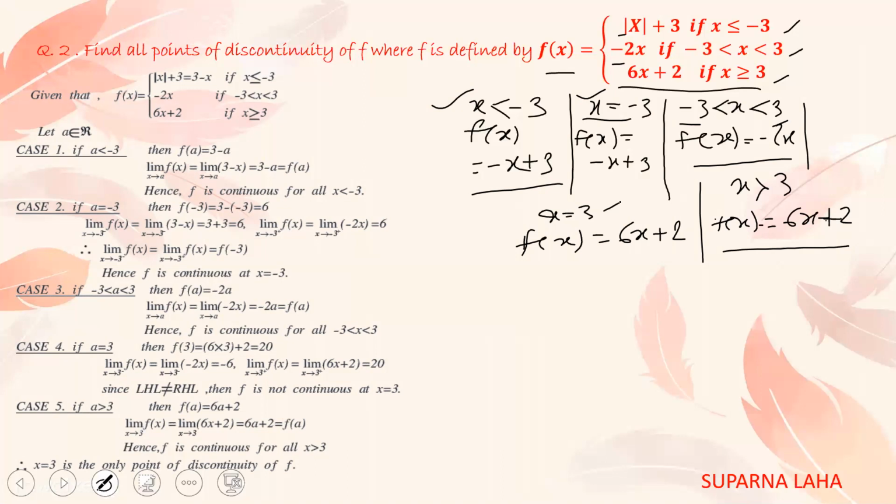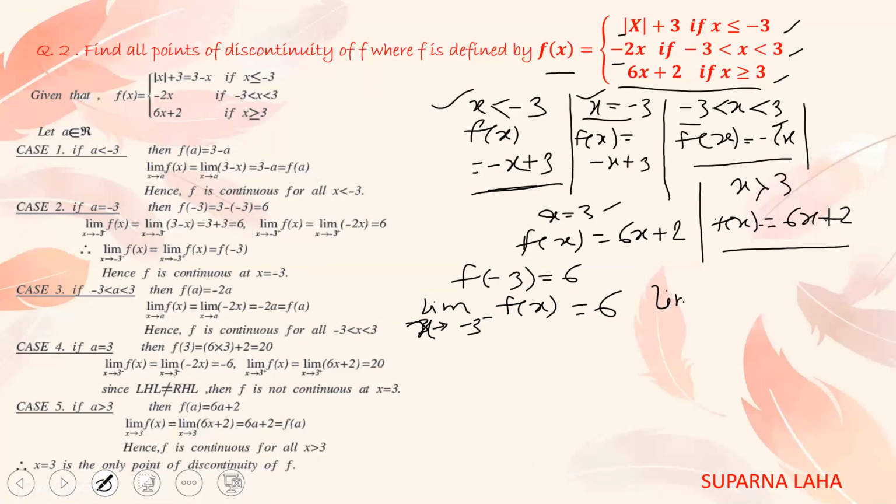If we check x equals minus 3, then the functional value f of minus 3 is 6. Now check the left hand limit, that is x tends to minus 3 minus f of x. So before minus 3, the function is minus x minus 3. If we take the direct substitution, the value will come to 6.